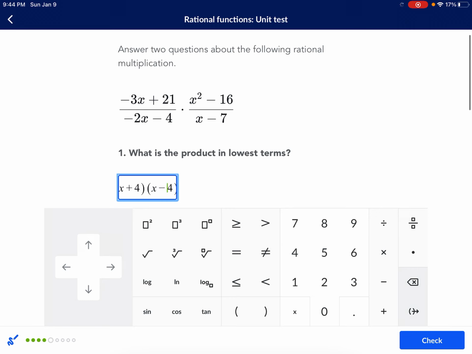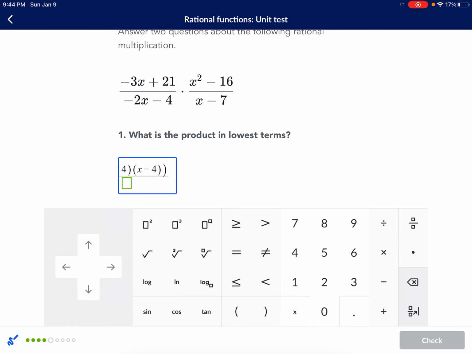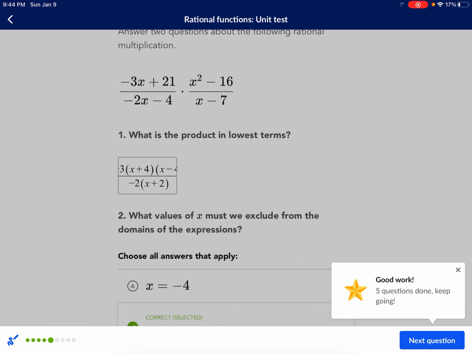Yeah, and I scroll over, yep, negative 2, x plus 2, x plus 2. Nice.